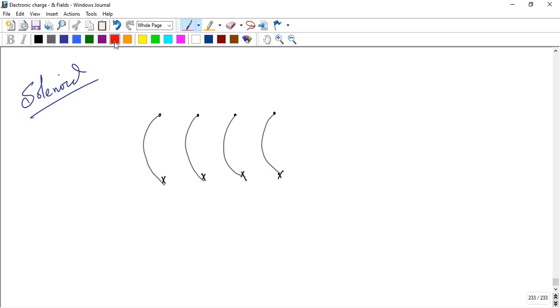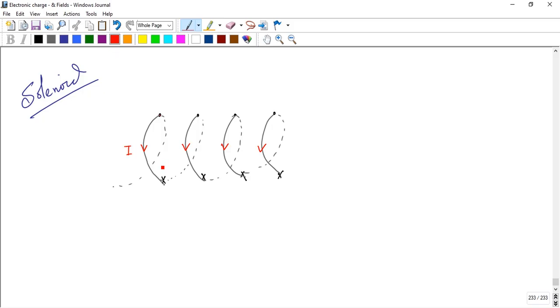Now the current direction dot means towards me, and cross means towards the board. So current directions look like this. If I stretch a spring, it looks like this, and that's the current direction I.